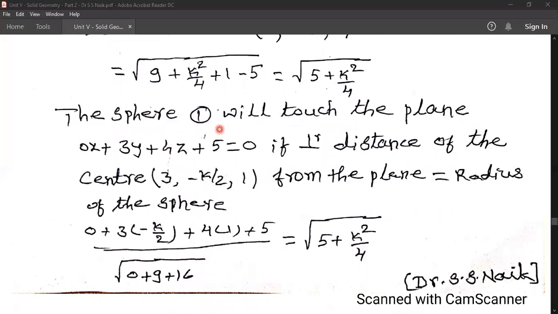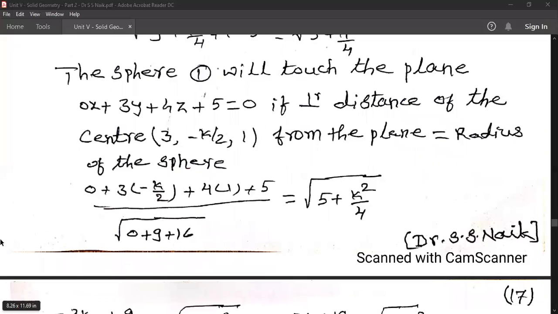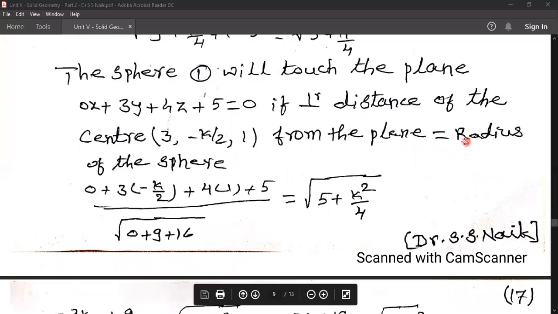The sphere will touch the plane 0x plus 3y plus 4z plus 5 equal to 0 if the perpendicular distance of the center (3, minus k by 2, 1) from the plane is equal to the radius of the sphere.